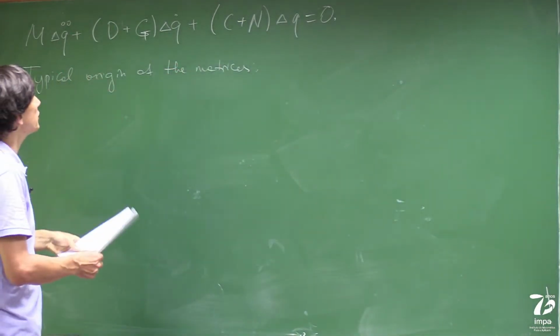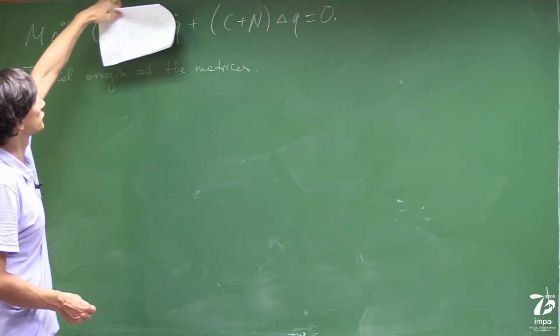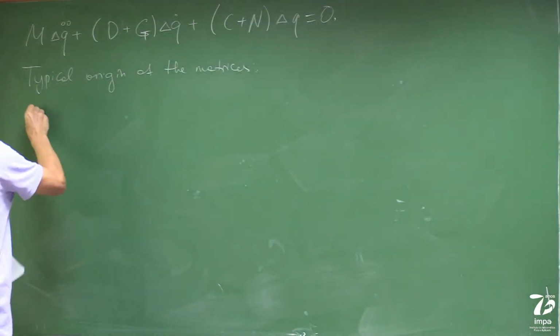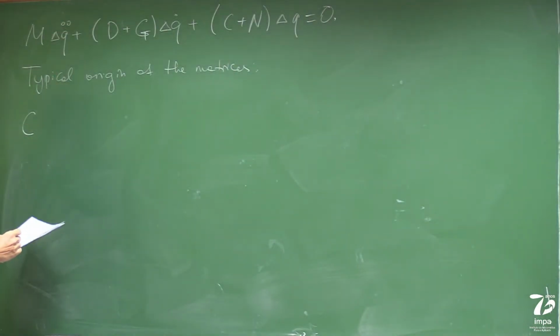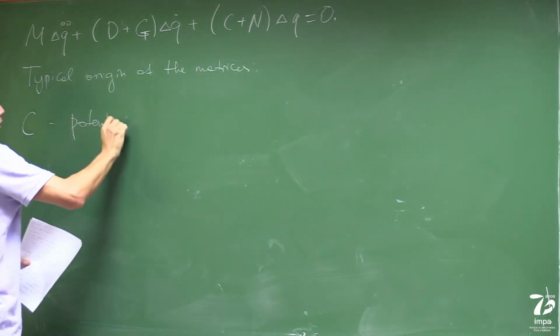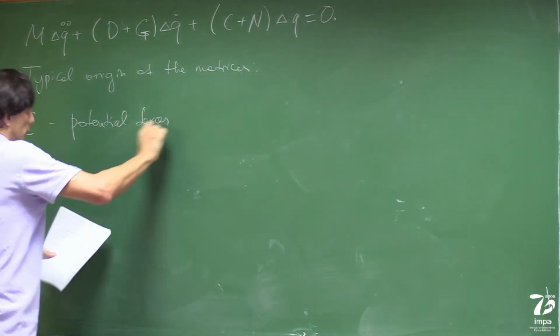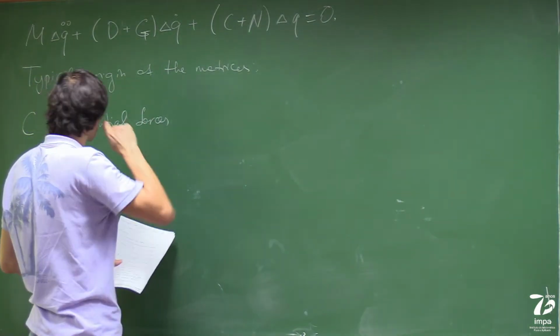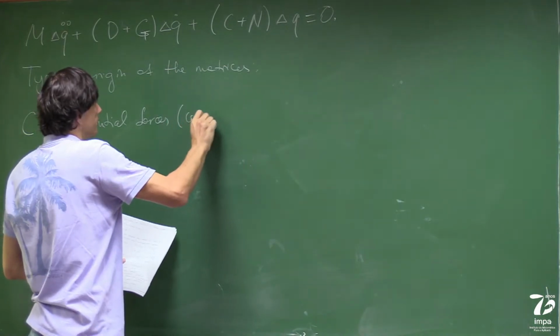Remember that C comes from the system which is conservative. C is what's called potential forces. It comes from potential forces of the conservative system.